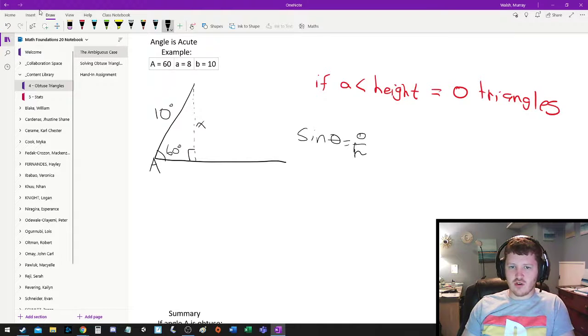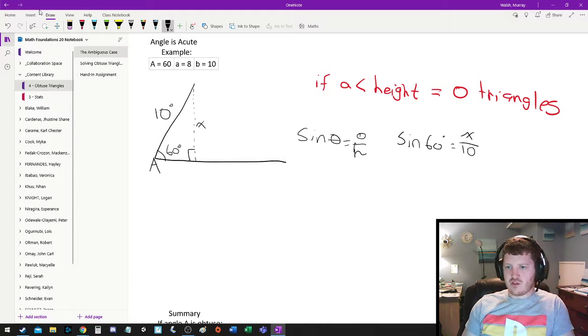Review this if you have to. We can use sine theta. This ends up being sine of our angle equals opposite is the height, and this side is our hypotenuse of this triangle, so 10.